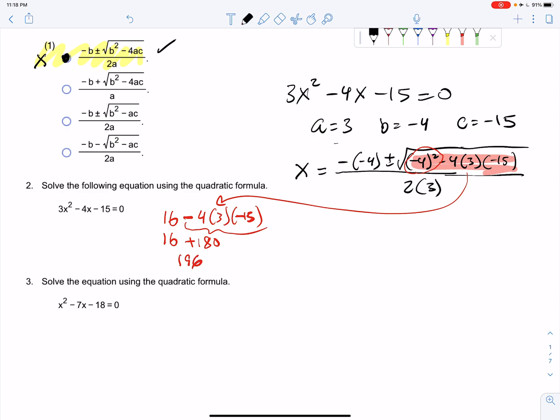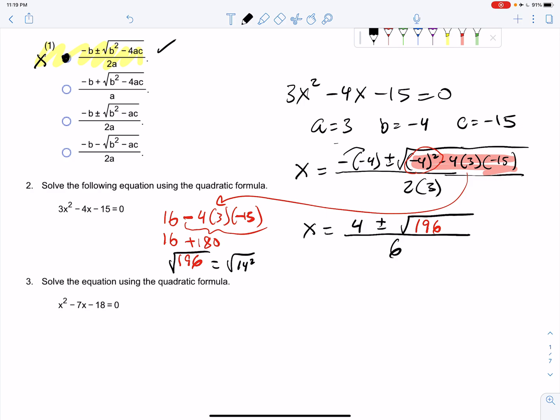So let me write down what I have so far. I've done some simplification here. We've got the opposite of negative 4, so positive 4, plus or minus the square root of positive 196. Now down below we have 2 times 3, which is 6. The nice thing about 196 is it's actually 14 squared.